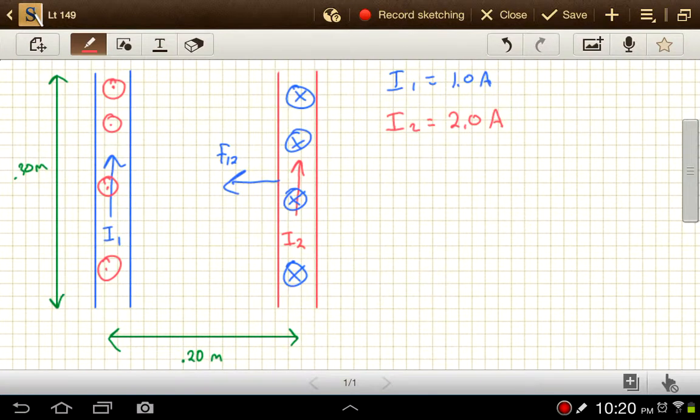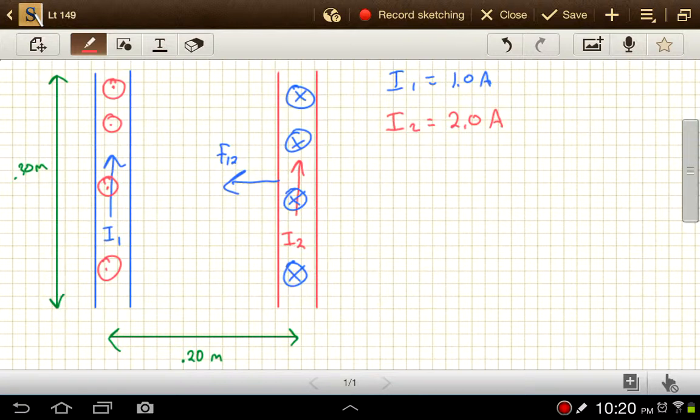And again, if we look at the cross product between the velocity of these charges and the magnetic field, our pointer finger is going to point upward. Your middle finger needs to point out of the screen in the direction of the magnetic field, and you'll see that your thumb then has to point to the right.